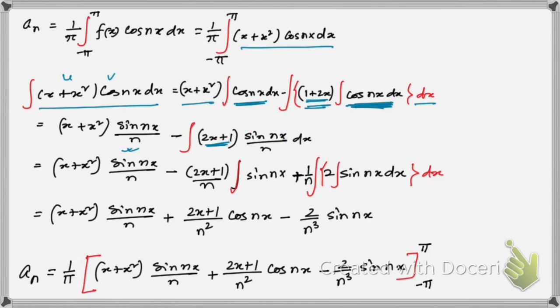And then again here we have to apply that u into v rule, integration of u into v is equal to u integration of v minus derivative of u integration of v. So we're going to use that rule here again, and doing so we have got this result. So 1 by n is constant taken out here, and this is the first function which is taken out, then integration of the second function sin nx, right?